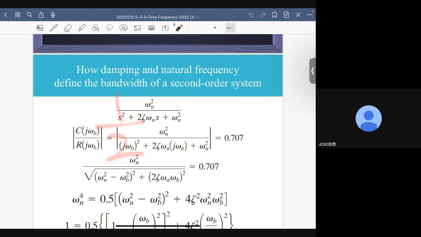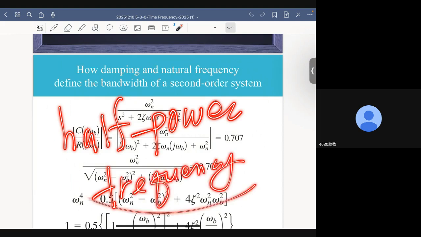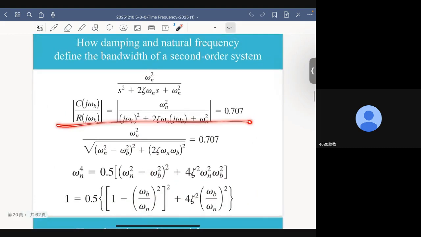So this bandwidth frequency is sometimes also referred to as the half power frequency. Okay, half power frequency. Now, this equality comes from the definition of bandwidth.